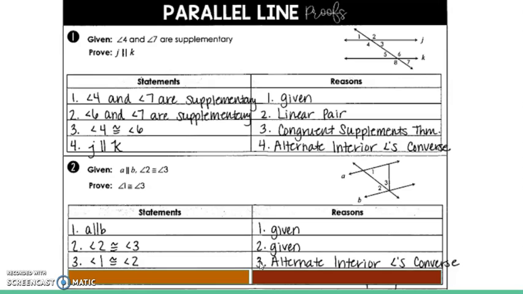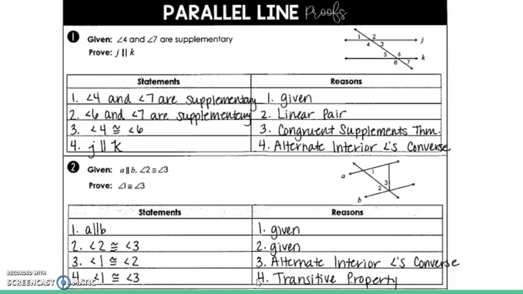Once I have angle 1 is congruent to angle 2, I can use that transitive property. I can take out my middleman of 2, and I can say that angle 1 is congruent to angle 3. And again, that is our transitive property.